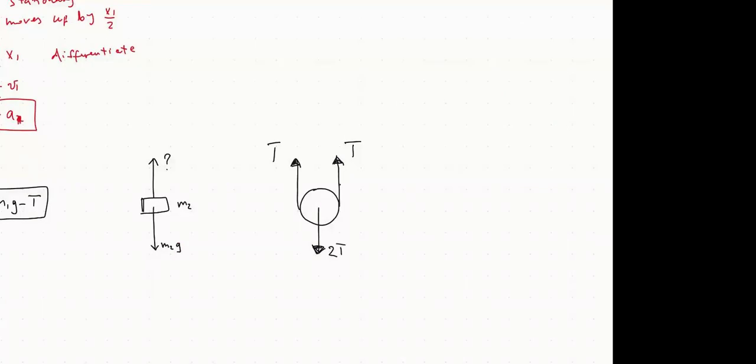Because m0 is 0, m0 times acceleration is equal to 2T minus, let's call it x, and because the mass is 0, 0 equals 2T minus x, so x is 2T.